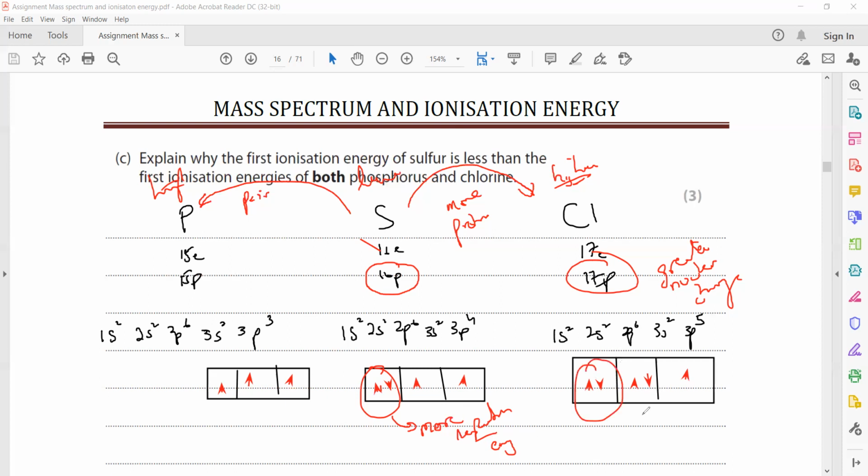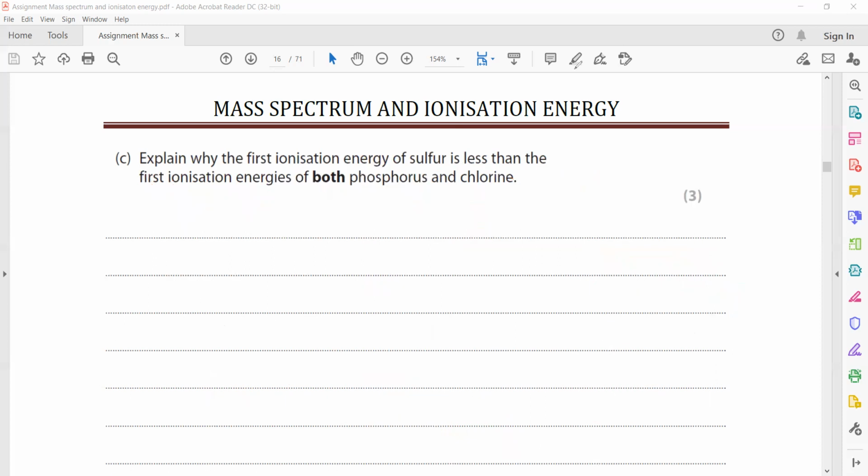Even though there are two pairs, they will have repulsion, but compared to that repulsion, the attraction is much higher because there is a greater nuclear charge or more protons. That's why chlorine will have higher ionization energy than sulfur.